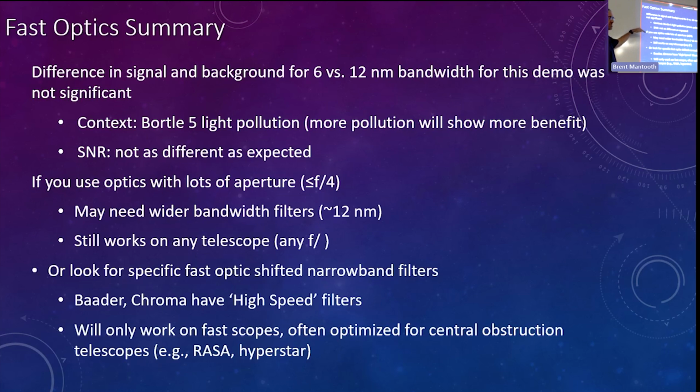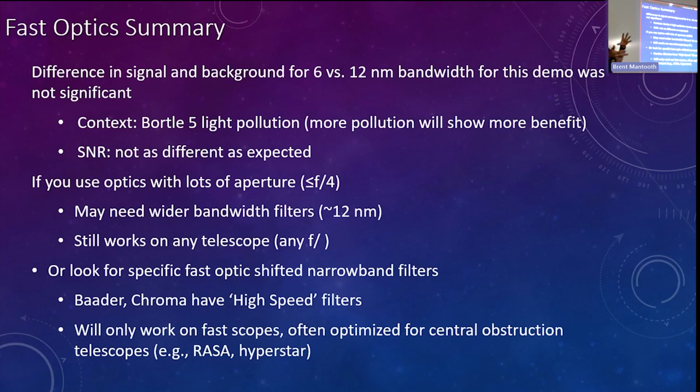If your telescope is f4 or smaller, you need to be aware of that as you select your narrowband filters. There's a lot that goes into that. There are specific filters out there that are called fast optic shifted or high-speed filters. Baader and Chroma have some of those. They seem to work pretty well.